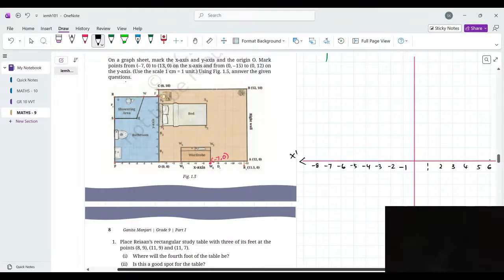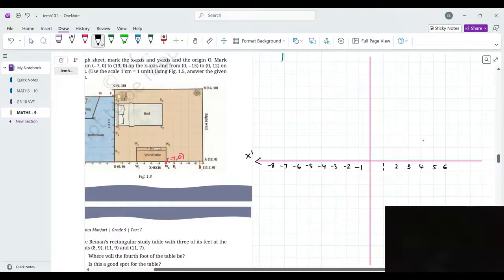This is x dash. On the right side we need up to 13: 7, 8, 9.